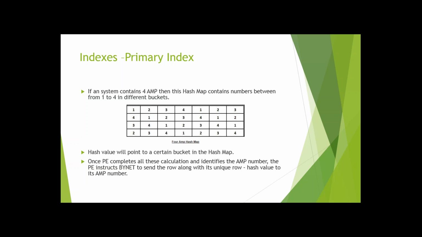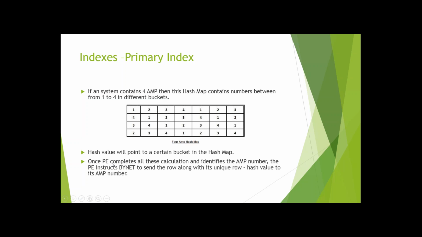Basically, the primary index is going to be hashed using the hashing algorithm. It's going to generate a 32-bit value, and then the entire row is going to be given as another 32-bit value. So 32 plus 32, 64-bit. Based on the 64-bit, you decide the AMP, which AMP it goes through using the hash map.